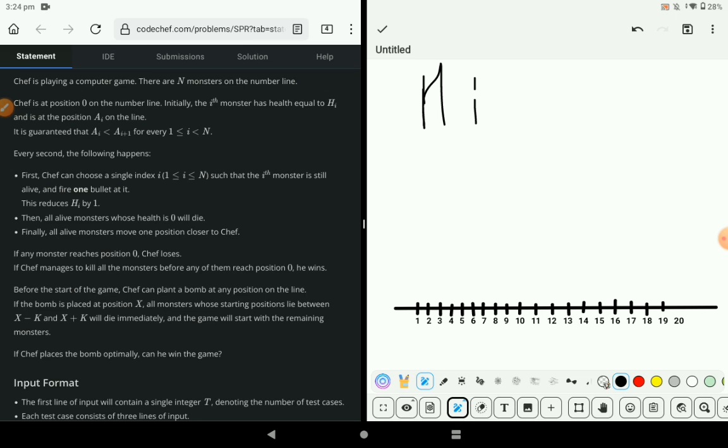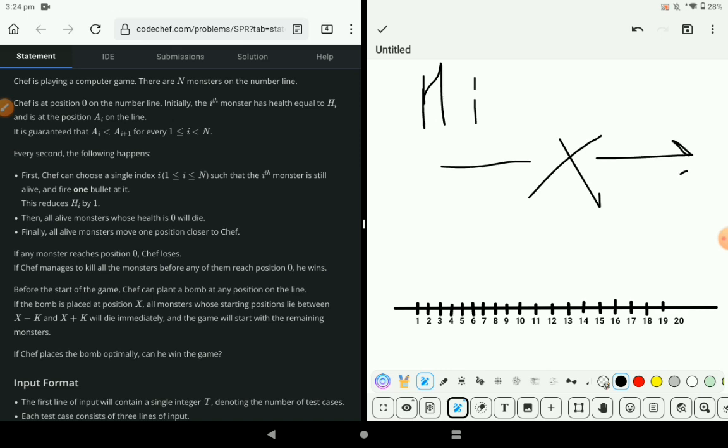In this there is again a twist. Shape has a bomb, which is placed at a position X, and all monsters whose starting position lies between X minus K and X plus K will die immediately.